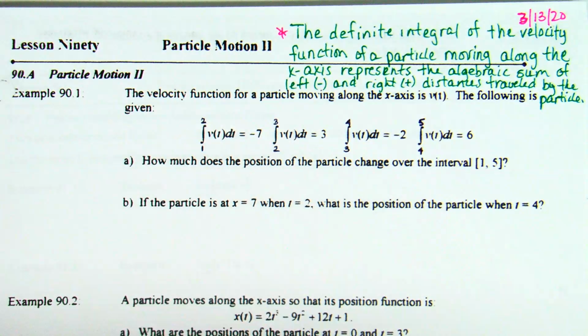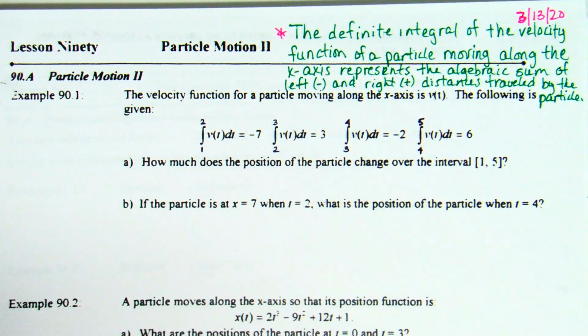Okay, so the first question involving these integrals. How much does the position of the particle change over the interval 1 to 5? Essentially, if we're going from 1 to 5, break it down into pieces, right?